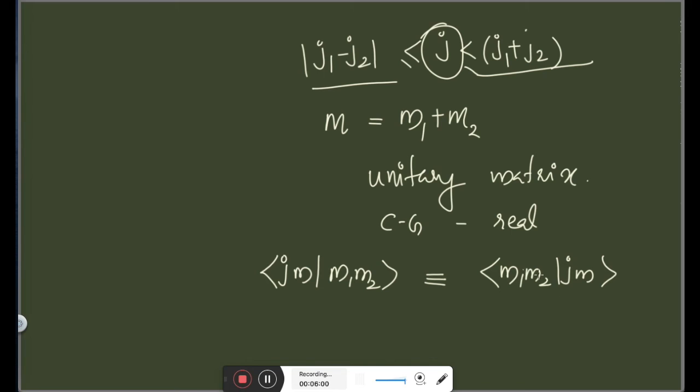And you can see that the orthogonality condition from this, what you will get is the sum over all possible values of j, m.